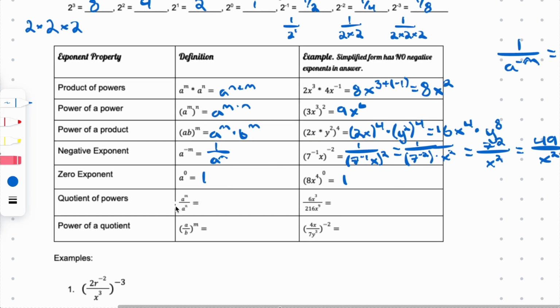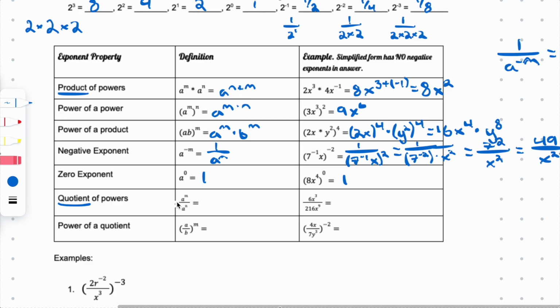Now, quotients of powers. Well, I want you to think about this. We have quotient, which has to do with division. And up here we had product, which has to deal with multiplication. They're sort of like the opposite of one another. Here, when we multiplied two exponential terms, we added the exponents.